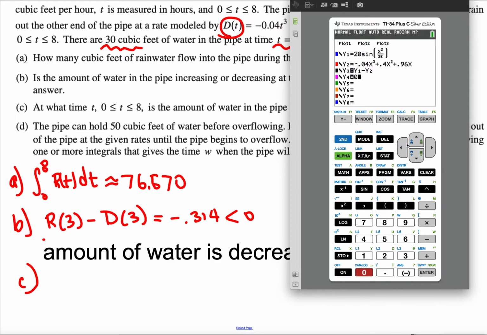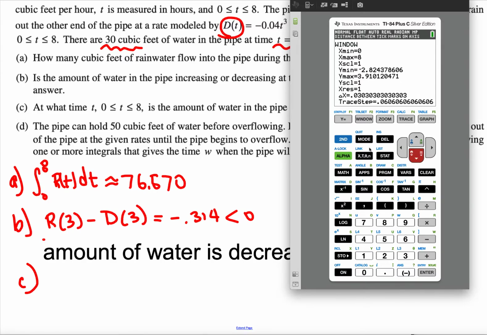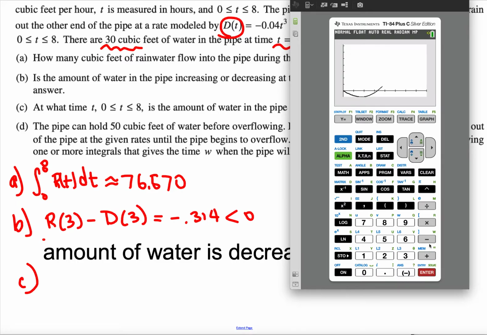Then I'm going to set the window to 0 through 8, and then zoom fit so that it changes the y values automatically given x being 0 through 8. There it goes. I have one point where they're passing through the x-axis.